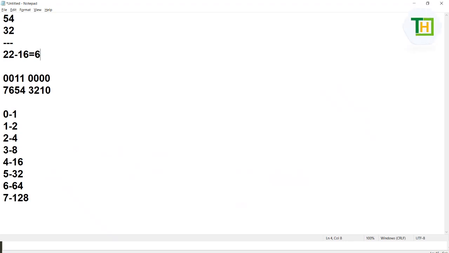Now I'm going to find the binary value for 6. The nearest is 4, that is 2 power 2. Now 6 minus 4 is equal to 2 here. And what is 2? 2 power 1. Then 2 minus 2 is equal to 0. This is the binary value for 54. Is it clear, everyone?